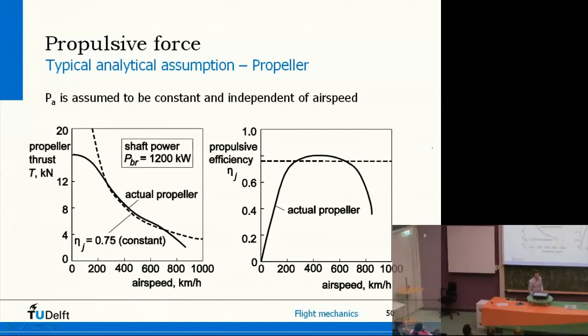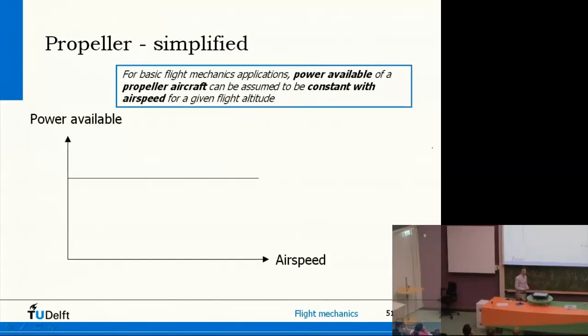And this is why, and this is the final thing, this is why we can assume that for a propeller aircraft, since we can apply different blade pitches throughout the airspeed range, you can actually say that power available, which depends on this efficiency, is pretty much constant as a function of airspeed.